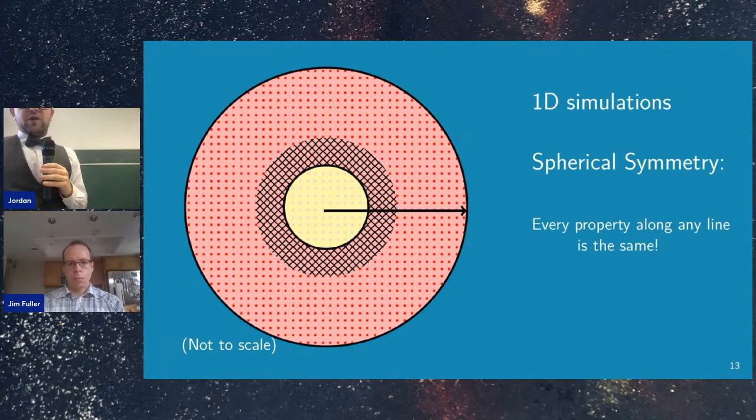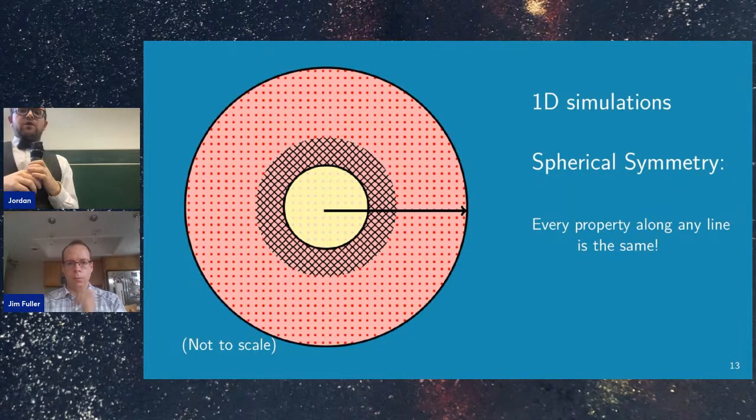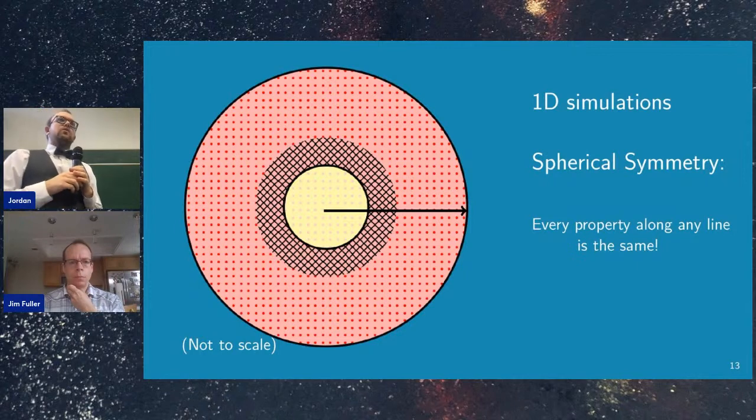Okay. So when we try to simulate all of these inherently three-dimensional processes, it takes a lot of computing power, and it is right now quite impossible to simulate a three-dimensional model of such a star for its entire lifetime, for very long times. So what we do is make some simplifications, and in this case, we revert to one-dimensional simulations.